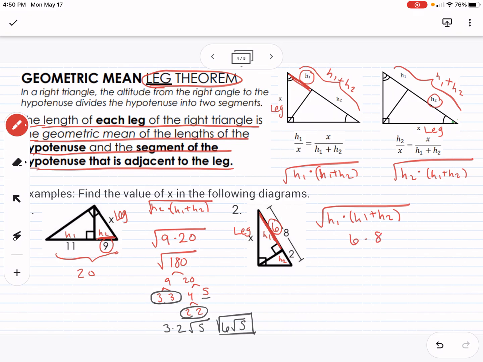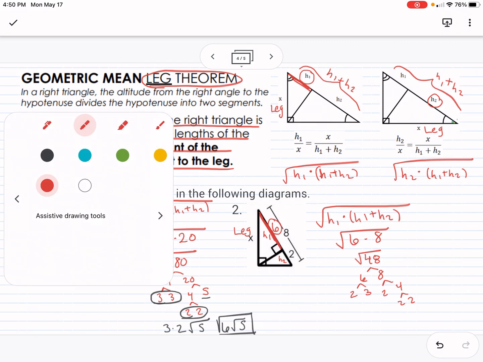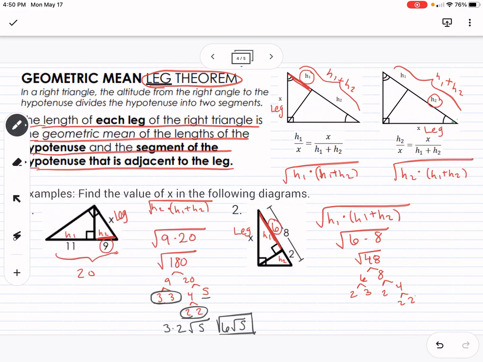So 6 times 8 square rooted. Now we can look for pairs. So I have a pair of 2s, another pair of 2s, and a 3 left over. So my answer is 4 root 3.